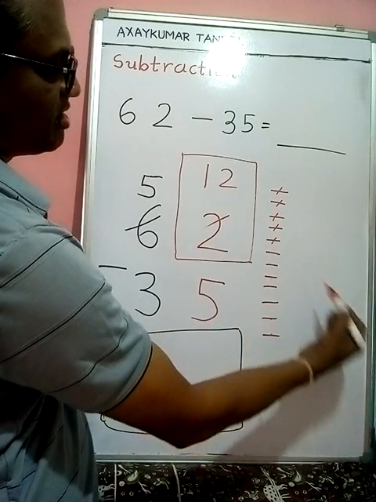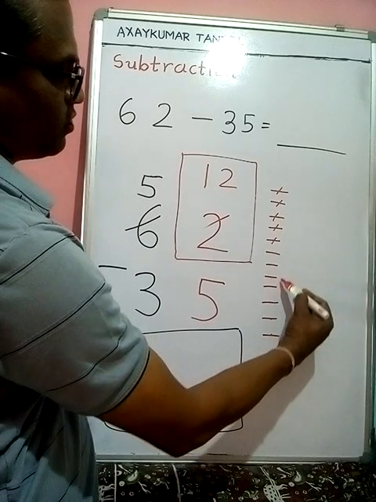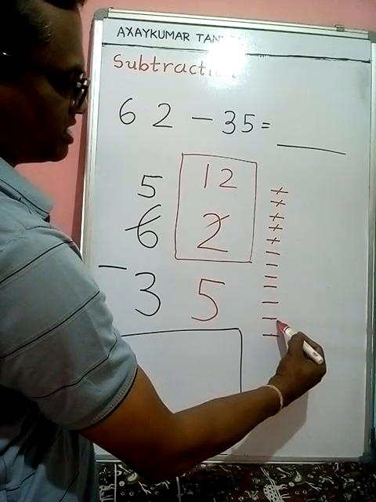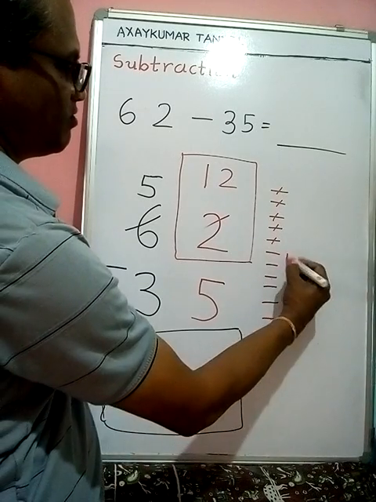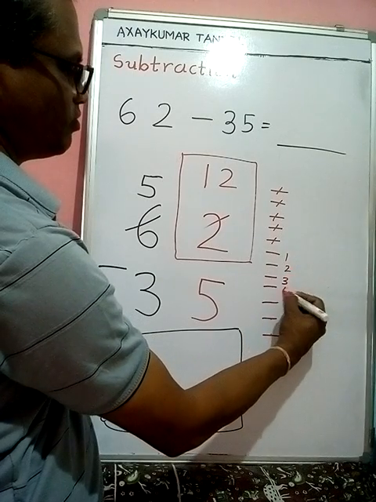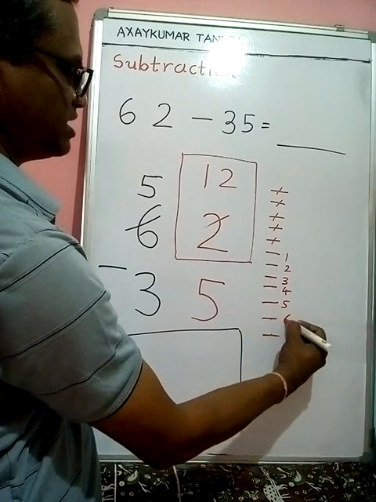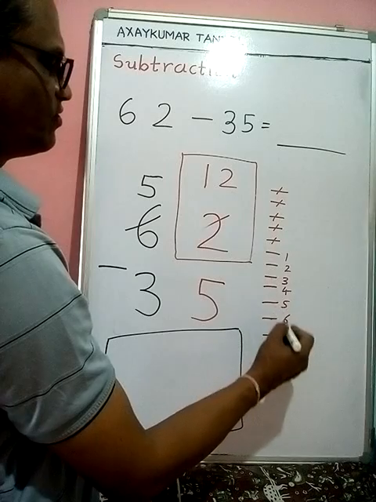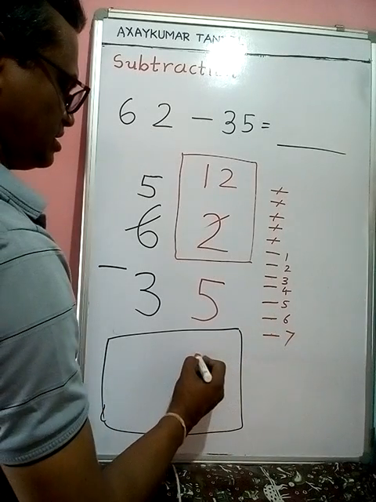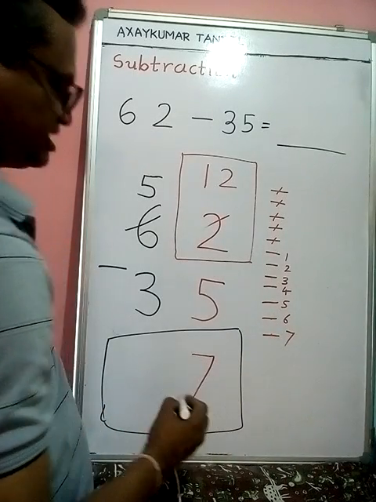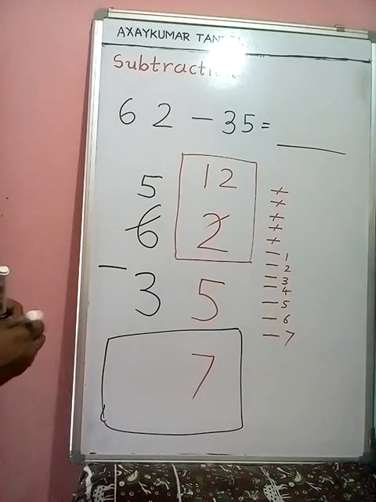How many are we saving? 1, 2, 3, 4, 5, 6, 7. How many lines do we save? 7 lines. So we write 7 under the ones column.